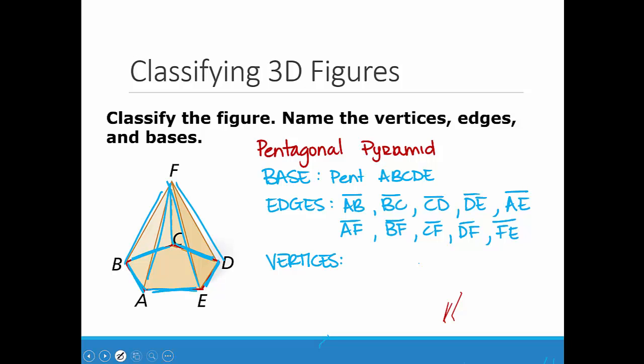Remember, that's where edges meet. So we have a couple. We have F, we have A, B, C, D, and E. So you'll have some more practice with naming these and then naming their different parts.